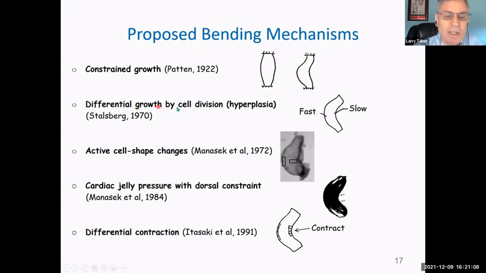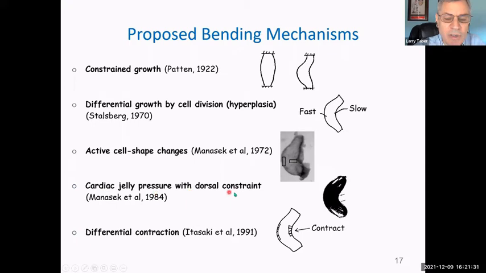Differential growth by cell division, which is also called hyperplasia, where the cells on the outer curvature grow faster than those on the inner curvature, forcing it to bend. Active changes in cell shape. It's known that the cells on the outer curvature become longer longitudinally, those on the inner curvature become shorter, and this would force it to bend if this was an active process.